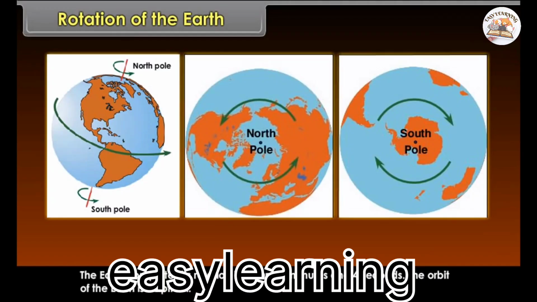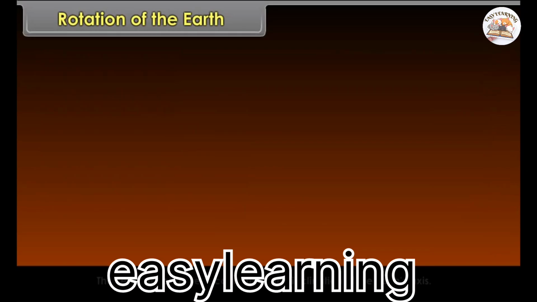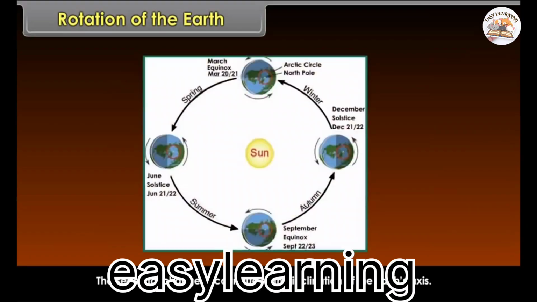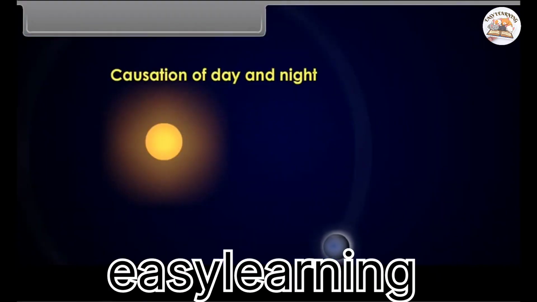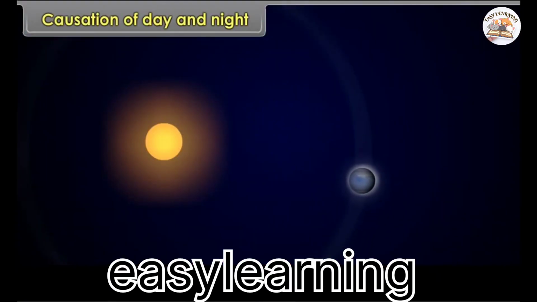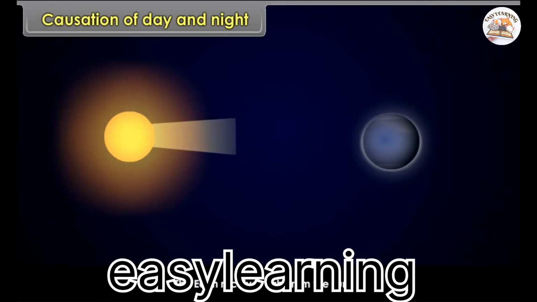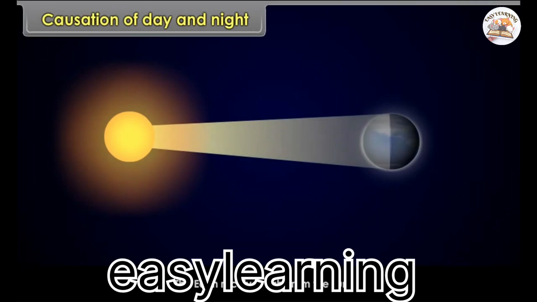The Earth completes its rotation in 23 hours, 56 minutes and 4 seconds. The orbit of the Earth is elliptical. The seasonal changes occur due to the inclination of the Earth's axis. If the axis of the Earth was vertical, then there would have been equal duration of day and night, that is, a 12-hour day and a 12-hour night.